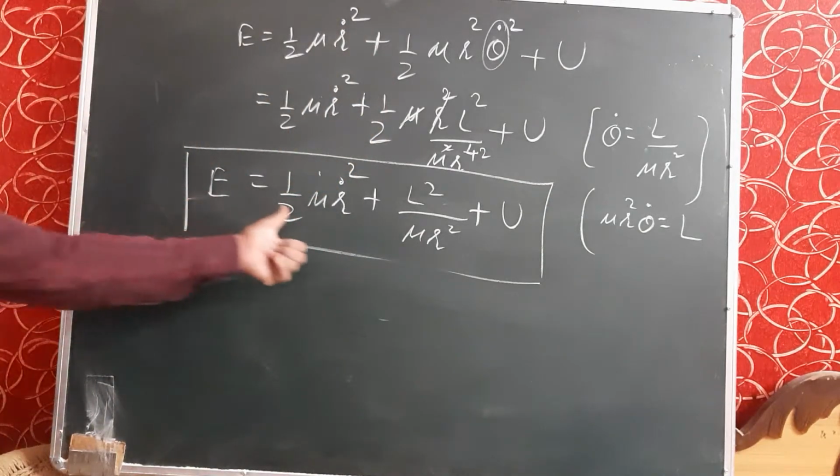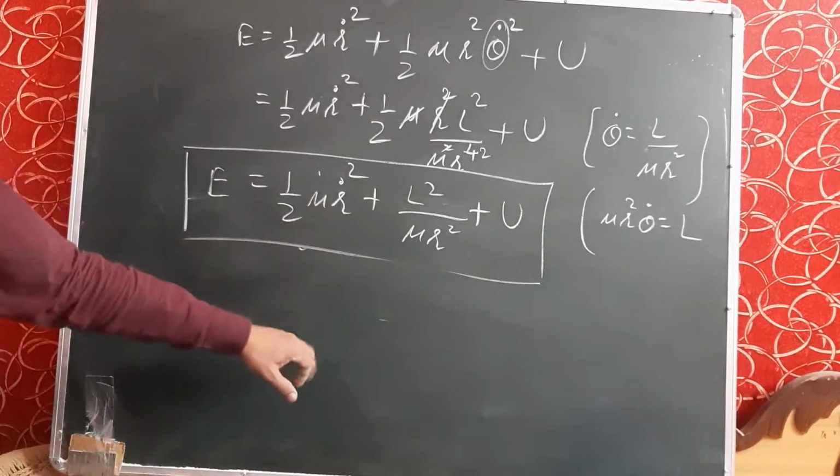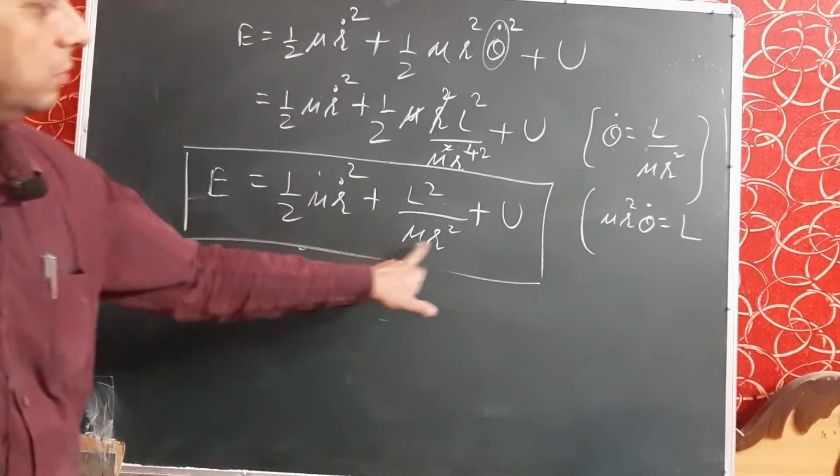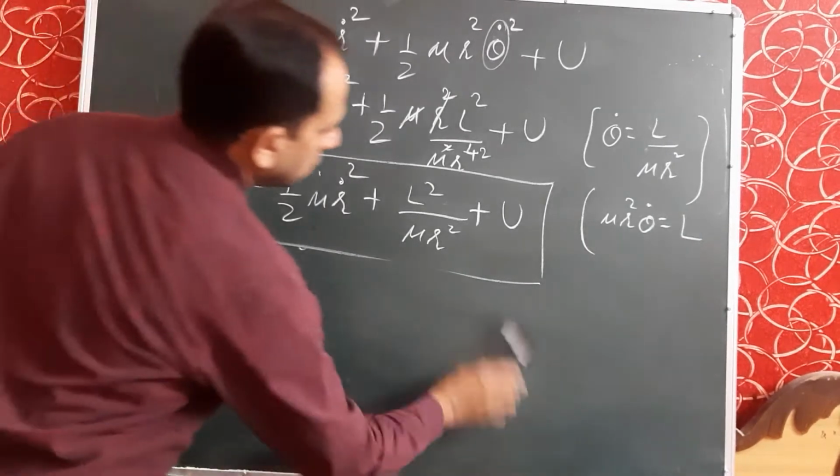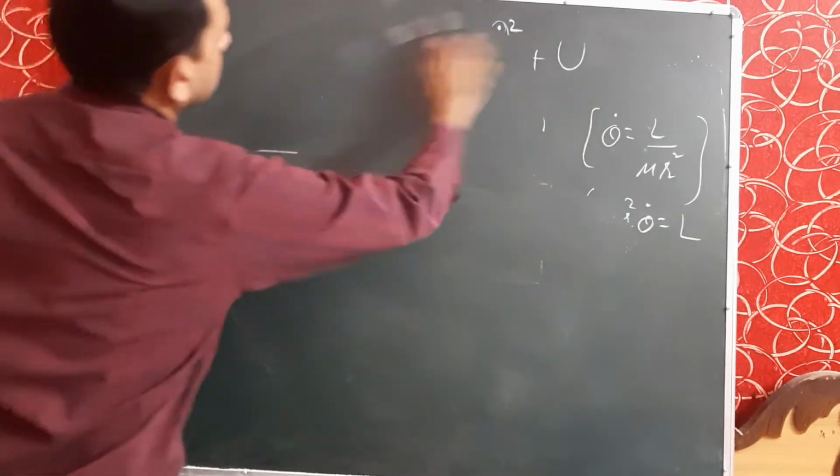So this energy contains three terms: first term, second term, and third term. So this is the total energy of the particle which is moving under inverse square force. Now the next article is conservation of total energy.